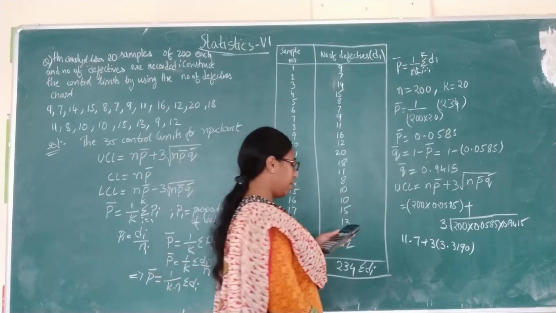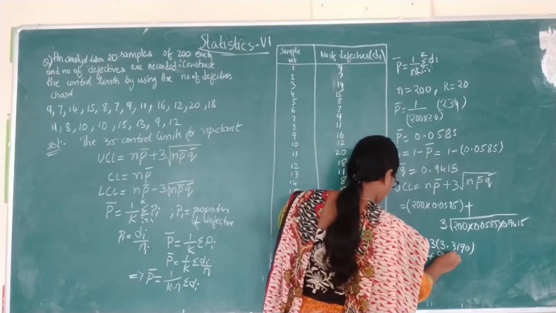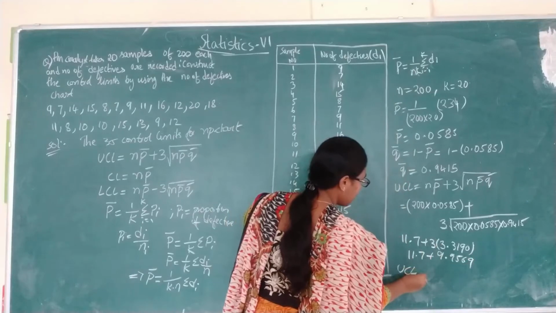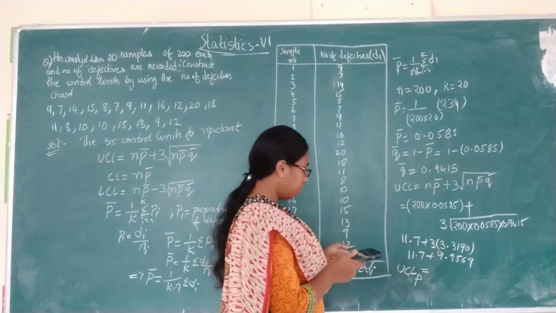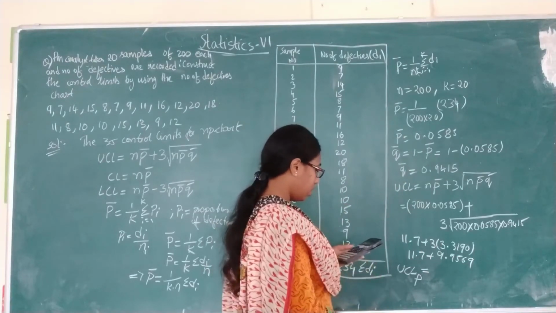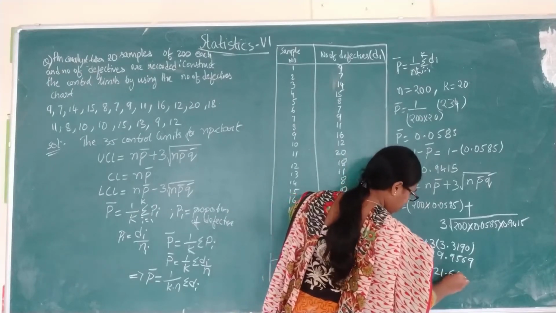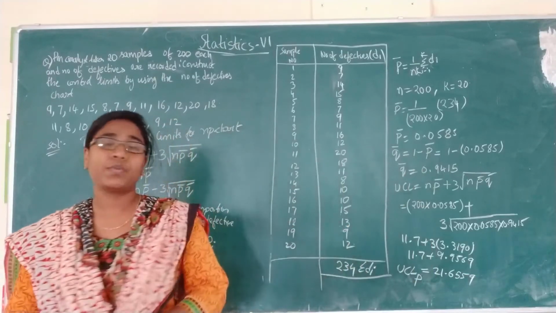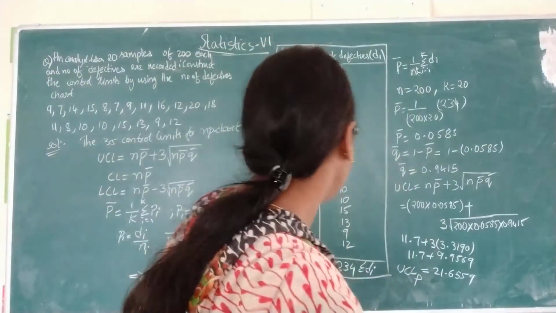You get 9.9569. So 11.7 plus 9.9569, you will be getting the required UCL value. So UCL of P chart equals 21.6559. You can write it as 21.66. So this is the required UCL value.